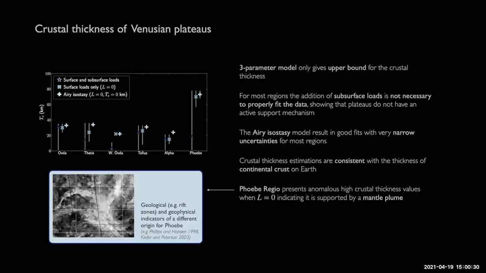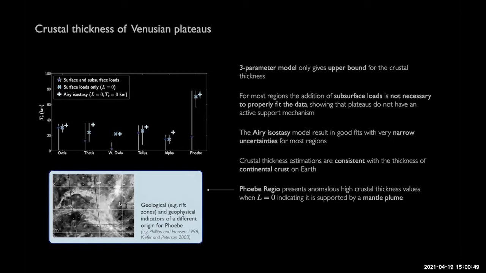And this is not so surprising because Phoebe actually has a lot of volcanoes around it, and there's this big rift valley that connects it to a big volcano up here. So it has some indications of volcanism, and it has this heat source beneath it.